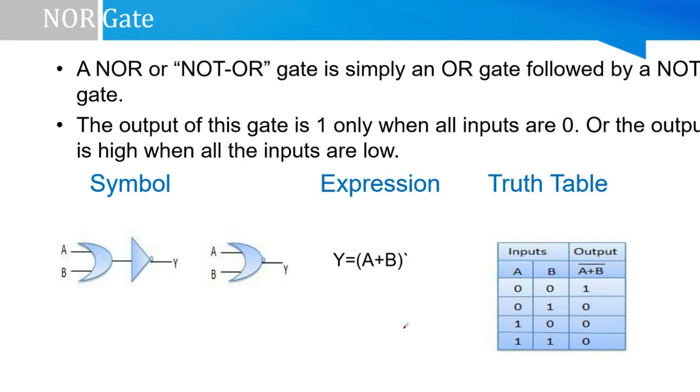Here you can see the symbol of the NOR gate, or else you can represent it this way, where this NOT represents the NOT gate. Since it has two inputs, there will be four possible conditions. If the input is 0, 0, what will be the output of the OR gate here?